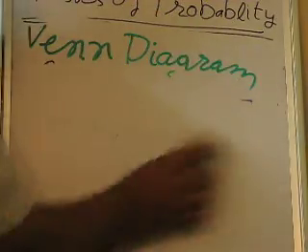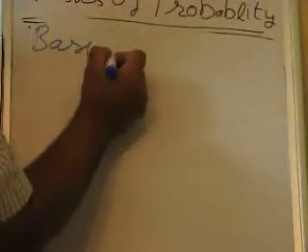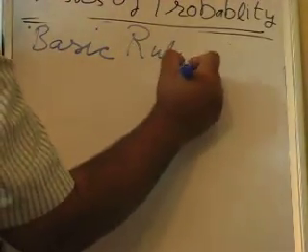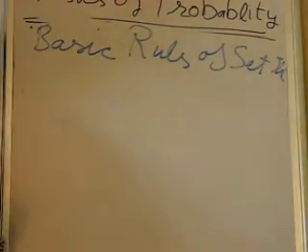There are some basic mathematical rules that apply on set theory that I will discuss now. Some of the basic rules of set theory are the commutative law.